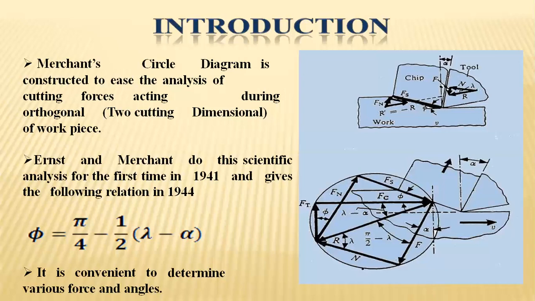Among the types of cutting processes, we have two different types. First is orthogonal cutting, which is limited to 2D representations, and the second is oblique cutting.